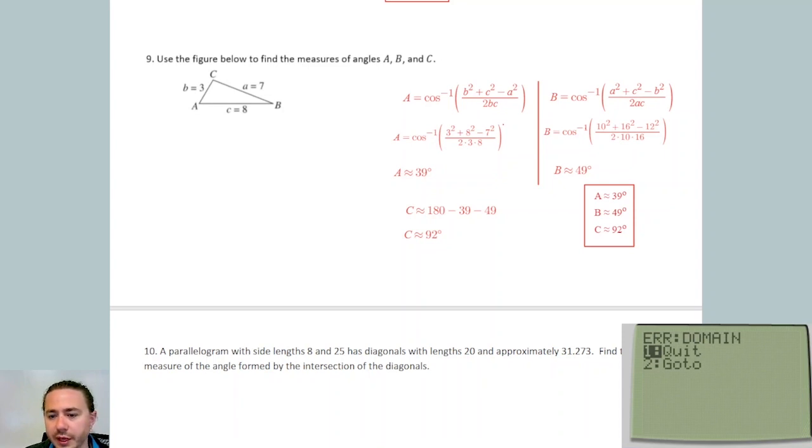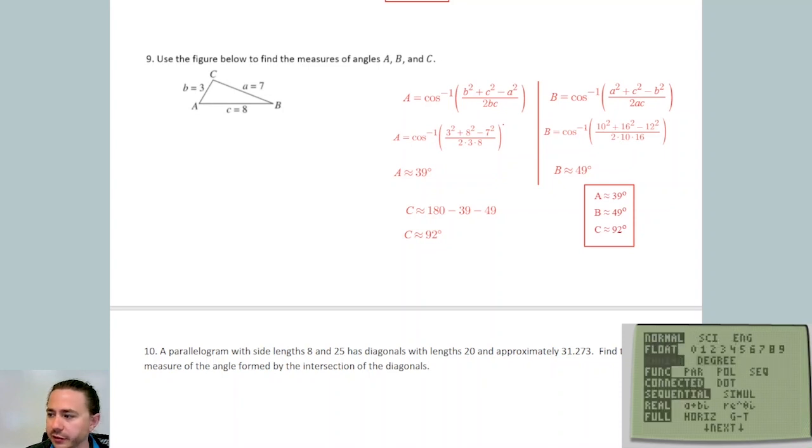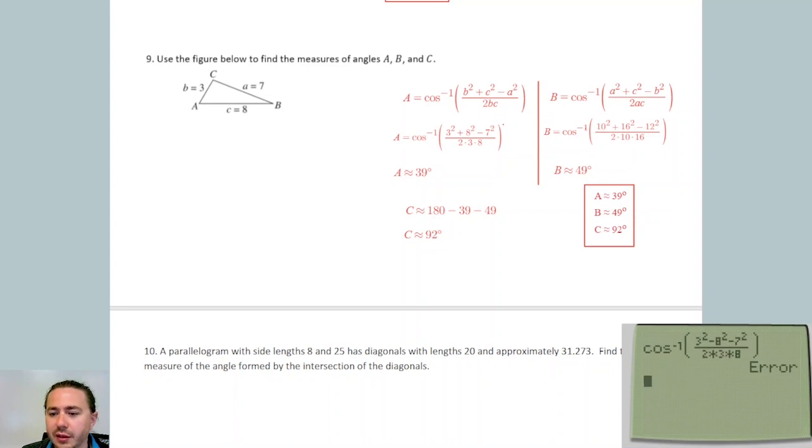Oh, you know what? I know what it is. My calculator reset here. I need to go back to degrees. Pretty sure that's going to be my issue here. Oh, no, there's another error in here, too. It should be plus. Gosh, I'm really struggling with these calculators. There's too many problems in a row, I guess. Okay. Oh, look at that.